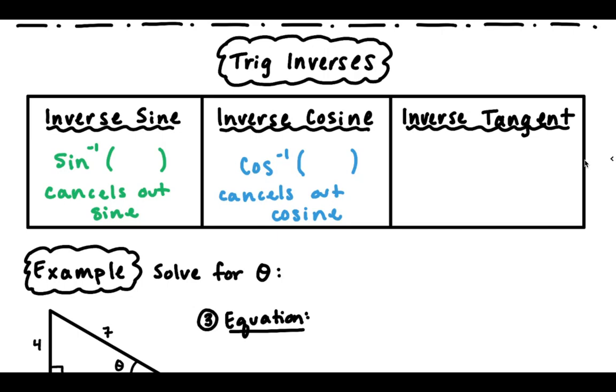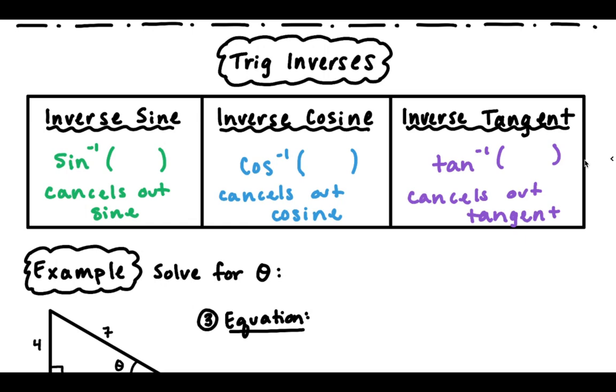And inverse tangent is the same, so tan and then -1 for inverse, and then our space for stuff we're going to put in there, and this cancels out tangent. So just like subtraction cancels addition, division cancels multiplication, we now have a tool to cancel out each of our trig operations.